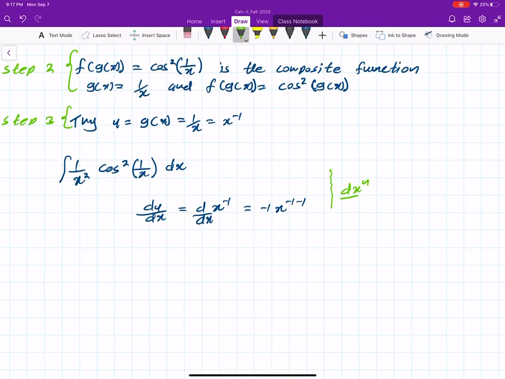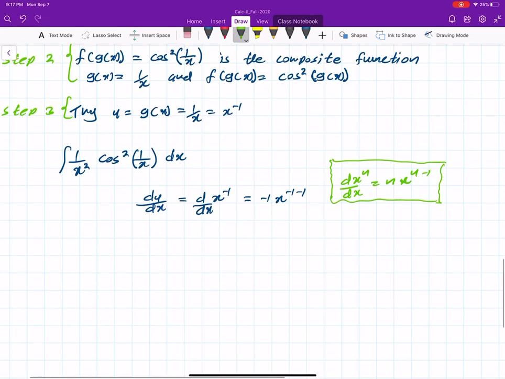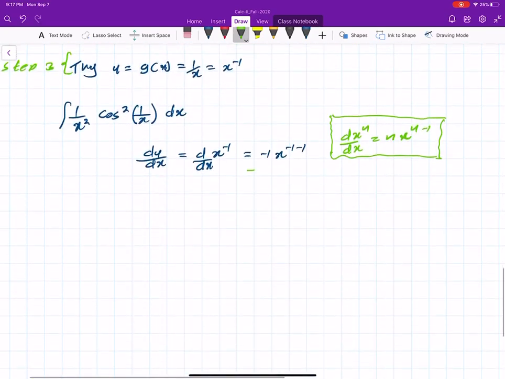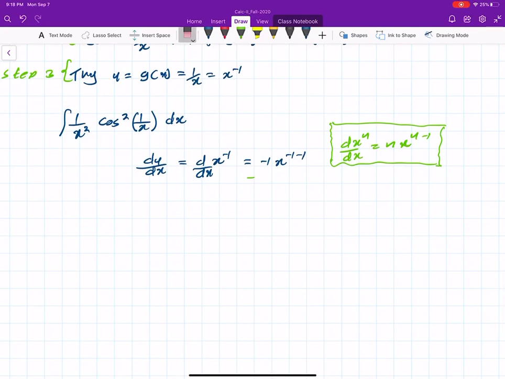Let's say you have x to the power n; the derivative of that should be n times x to the power n minus 1. So this is actually minus 1 over x square.